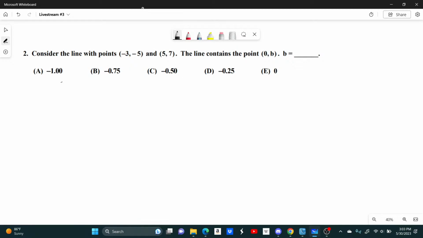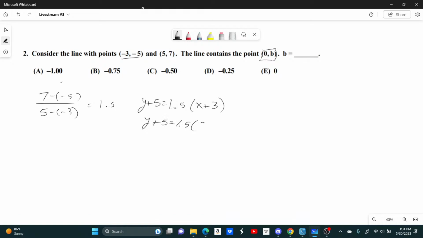So you would find the slope, which would be 7 minus -5 over 5 minus -3, which would be 12 over 8, which is 1.5. And then use one of these points. It doesn't really matter which one. I'll use this one. So you get y plus 5 equals 1.5 times x plus 3. And then if it's at 0, b, then you just plug in 0 for x. So y plus 5 equals 1.5 times 3. And so y equals -0.5.